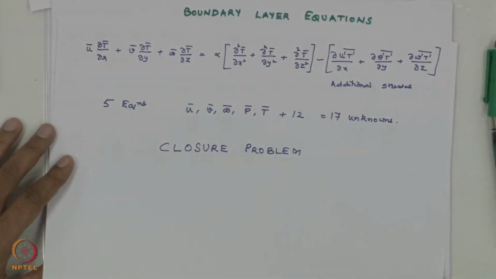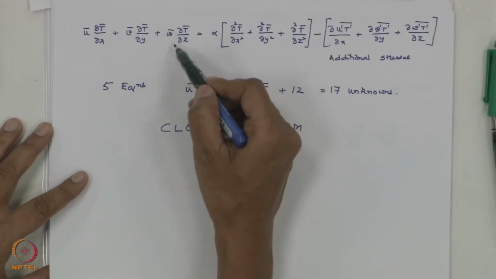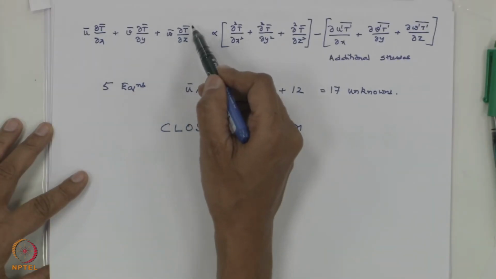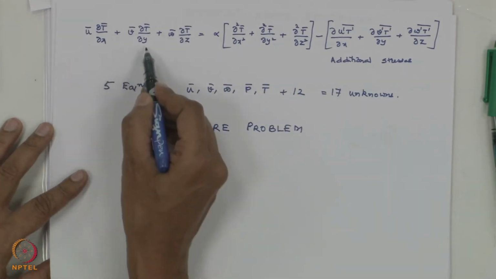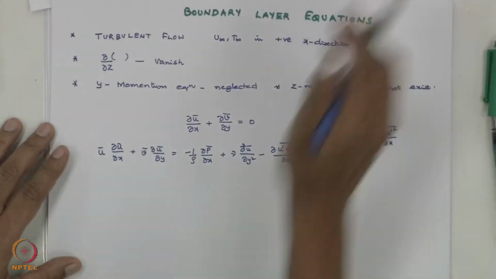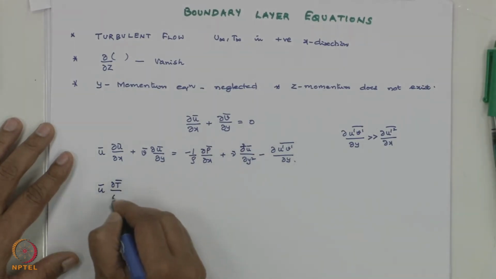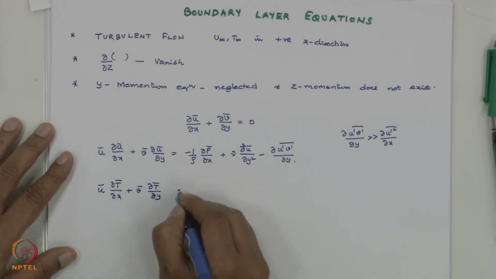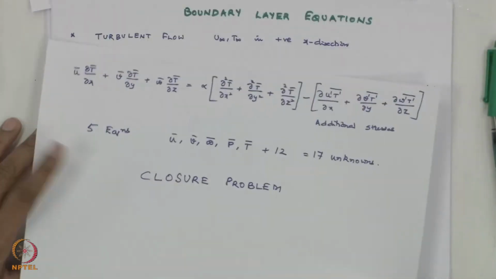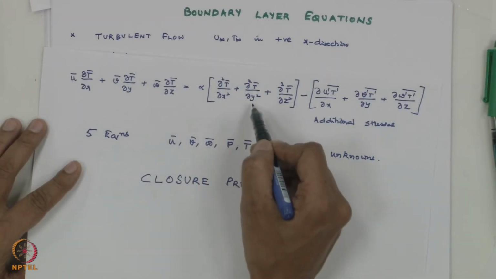Now let us take up the energy equation. This is the time averaged energy equation we had written. Here W bar doesn't exist and del T bar by del Z doesn't exist. So on the left hand side you have only U bar del T bar by del X plus V bar del T bar by del Y, equal to alpha del squared T bar by del X squared plus del squared T bar by del Y squared.